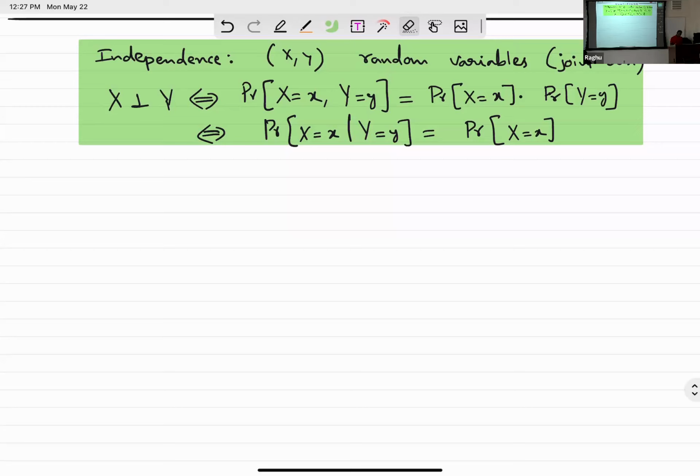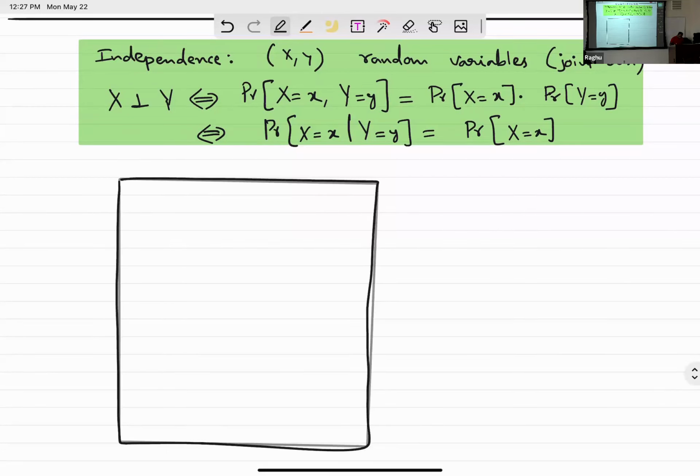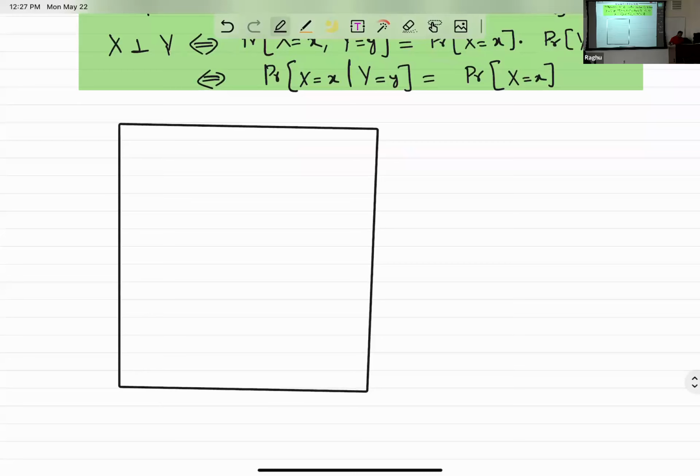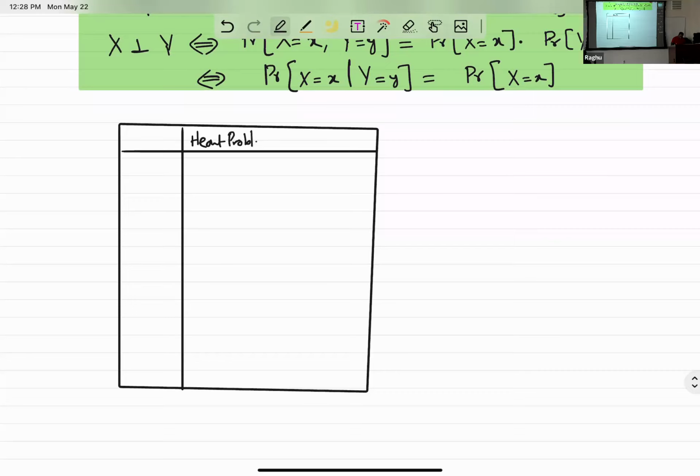So it is not a perfect notion. And in fact, it can be very deceptive. As an example, let's say I'm collecting data and this is what I see. I go to each person, maybe thousands of people, and I ask, do you have heart problem? And then I ask, what time do you wake up every day?